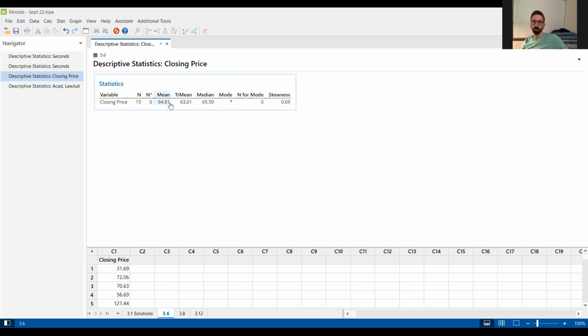The curve could, in this case, look like this, but there could be an unusually small value in the data set that's making the mean smaller, right? Although the trimmed mean is even smaller, so it's probably not that.